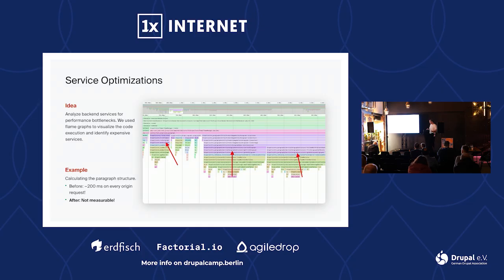So in this case, using proper caching, and then especially for this problem, using a custom query instead of the entity type manager to load all the entities. And then maybe we needed 200 milliseconds on every origin request before, and afterwards it's not measurable anymore. So you eliminated one of the problems in your application.